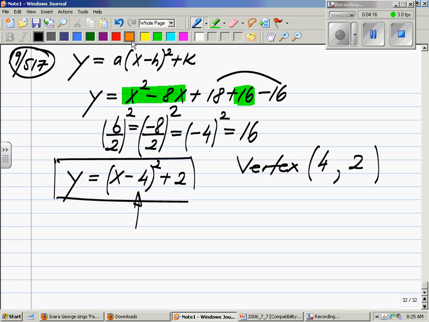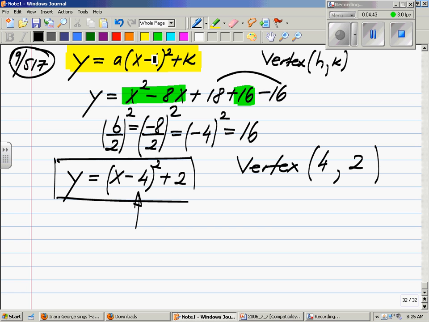Looking back at your vertex form, which is y equals a times (x minus h) everything squared plus k, h and k are the coordinates of your vertex. So your vertex is always (h, k).